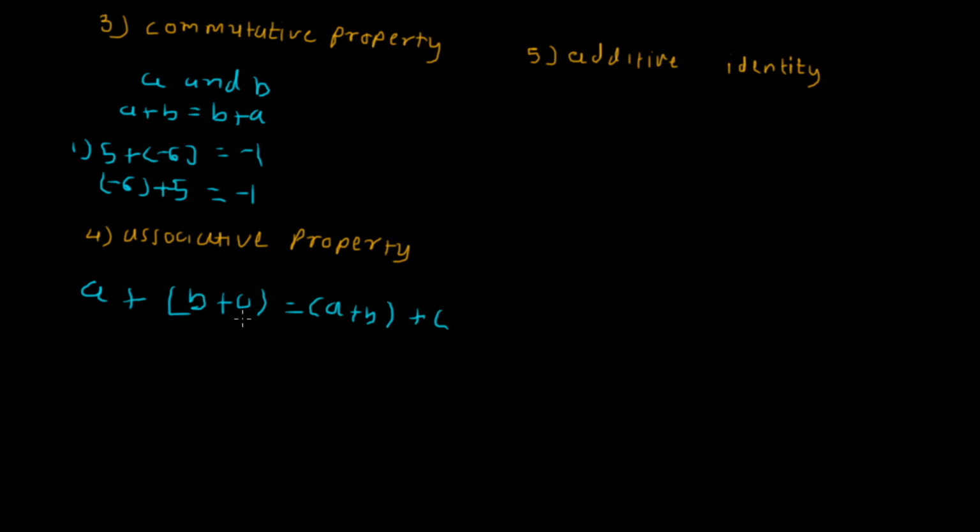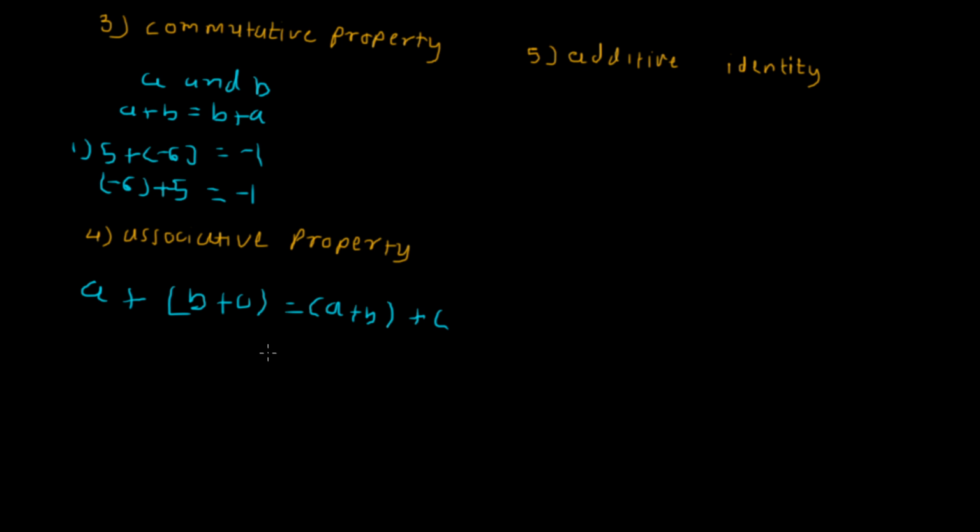So if both answers are the same, then it is associative for the integers. In one case we are putting b plus c in brackets, and in another we are putting a and b in brackets, which means we separate them and do the addition.